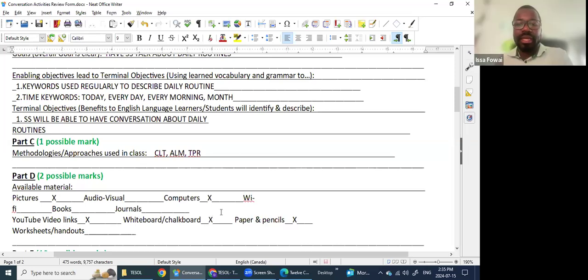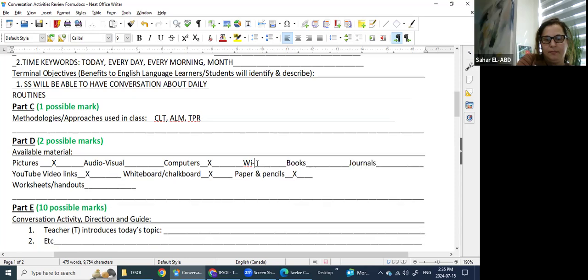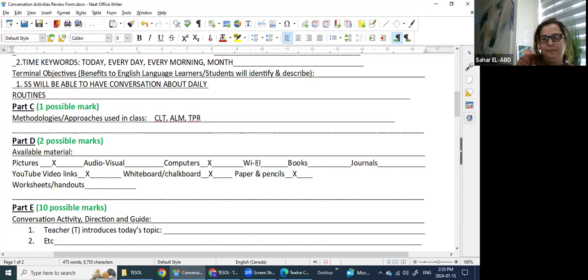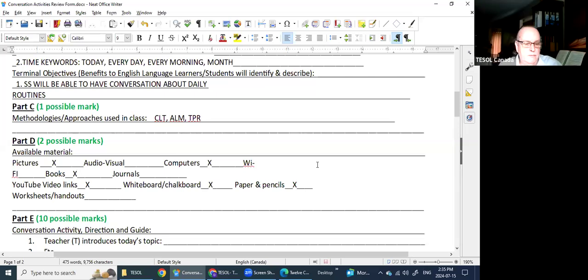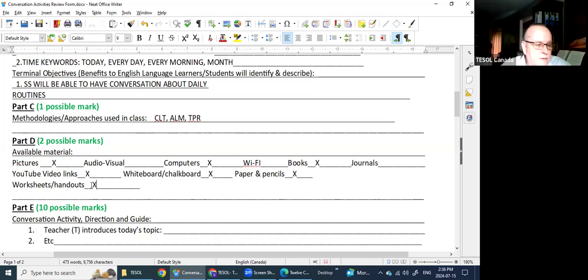And if we can add a flashcard as well, it's the same as a picture. Books. Students use the books in class, probably. And worksheets, you didn't tick the worksheets. Okay, good.